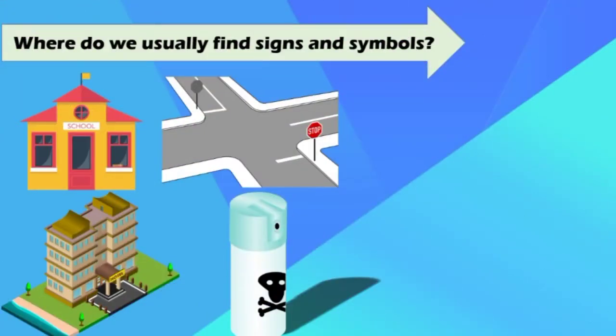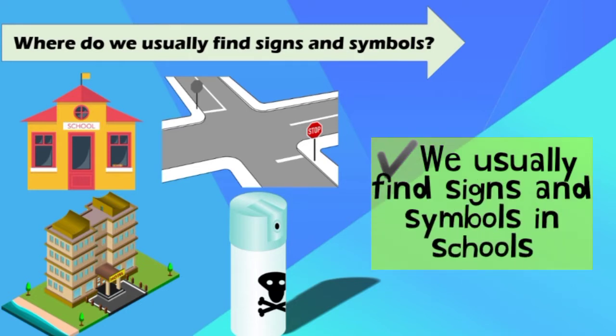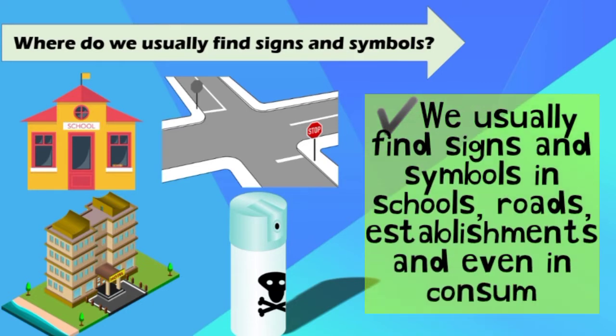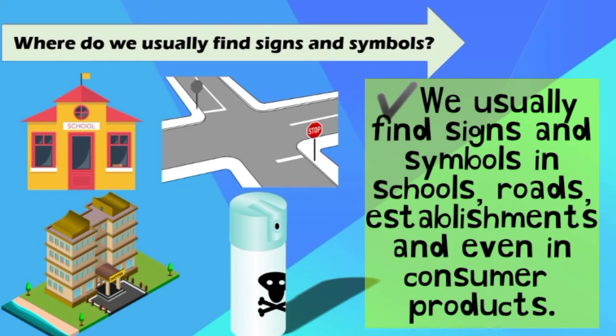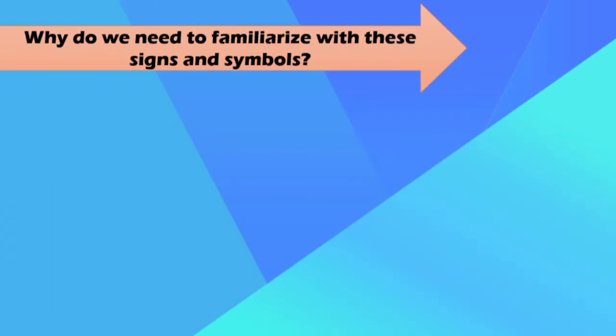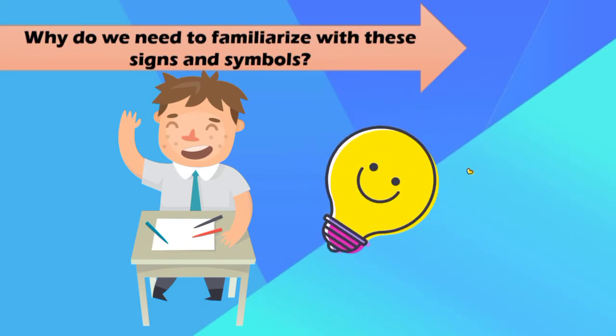So where do we usually find signs and symbols? Right, we usually find signs and symbols in schools, roads, establishments, and even in consumer products. So why do we need to familiarize with the signs and symbols?